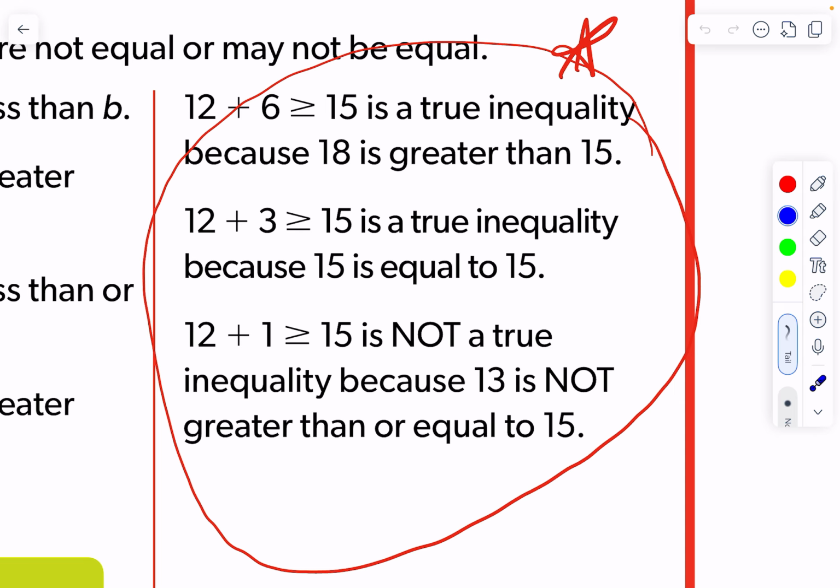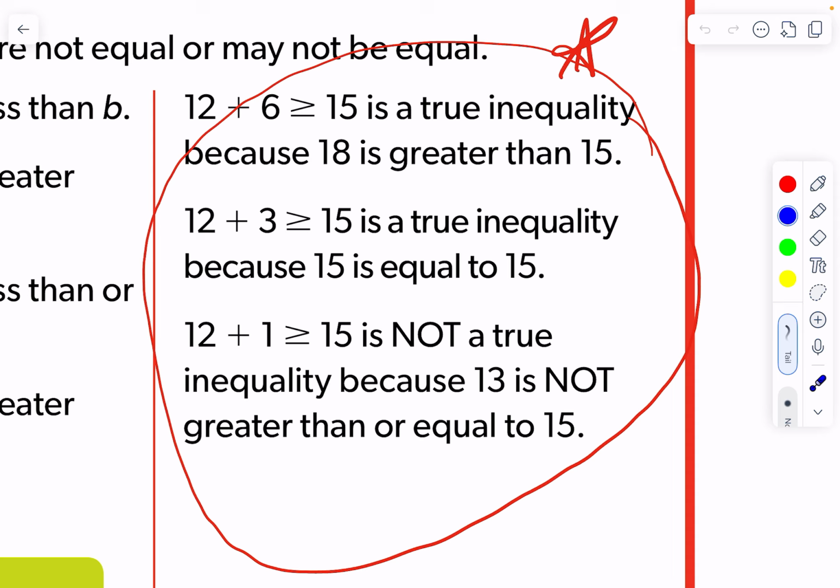12 plus 6 is greater than or equal to 15. If students were to go ahead and solve 12 plus 6, they will get 18. And it is true, right? It is a true inequality statement because 18 is greater, so that top piece of the inequality statement, right, than 15.